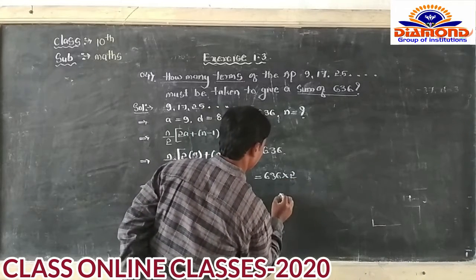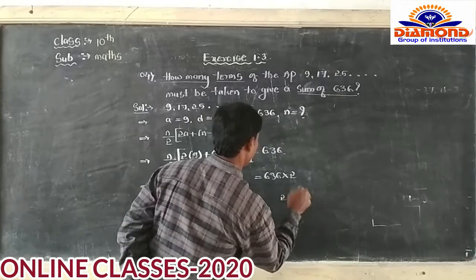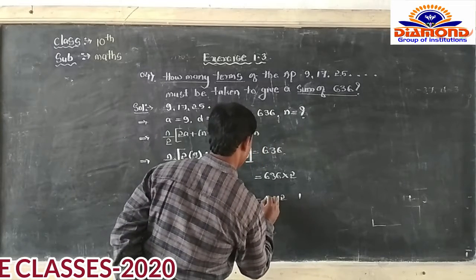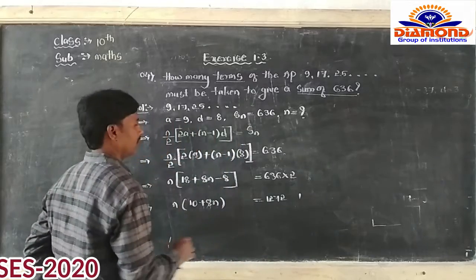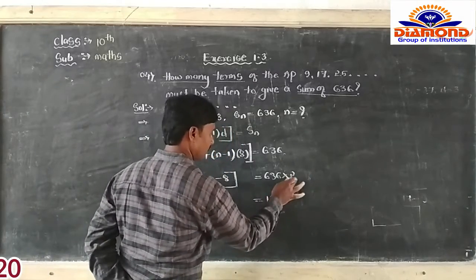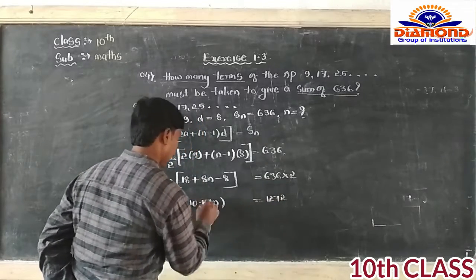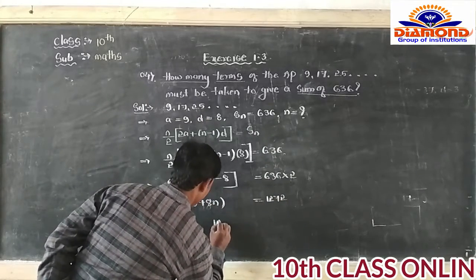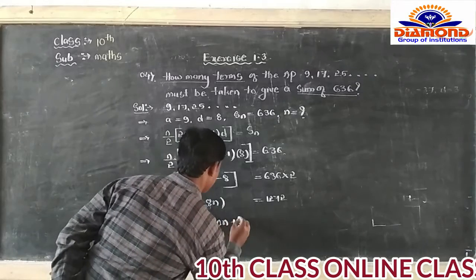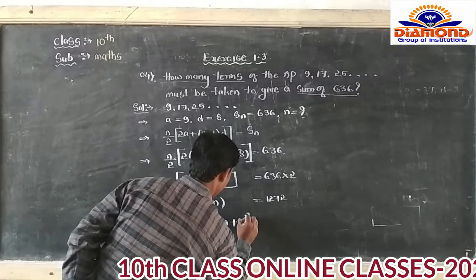Now the multiplication: 2 6s are 12, carry 1, 2 3s are 6, plus 1 is 7, so 636 into 2 is 1272. Next, n into 10 is 10n, and plus 8 into n square, which is 8n square.